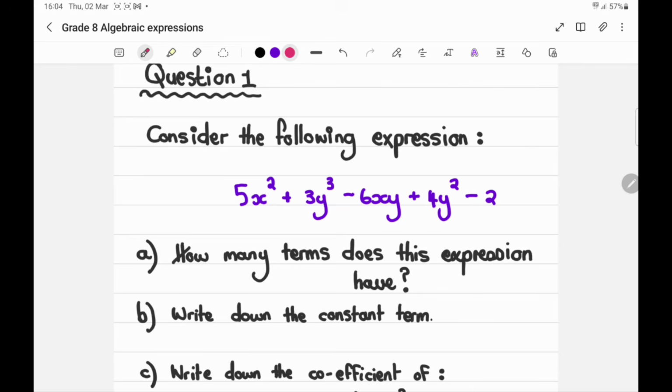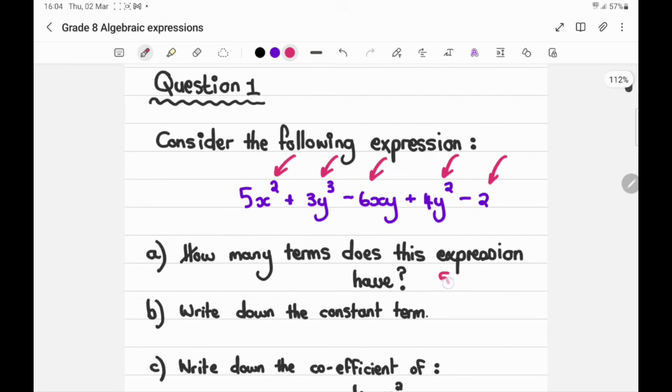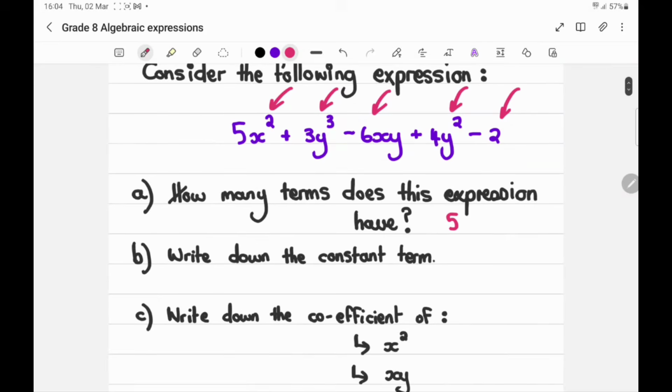Terms are separated by a plus and a minus unless they are inside brackets or unless it is part of a fraction. So let's count. We've got 1, 2, 3, 4, 5 terms altogether. Then they say write down the constant term. The constant term is the value that has no variables attached to it.